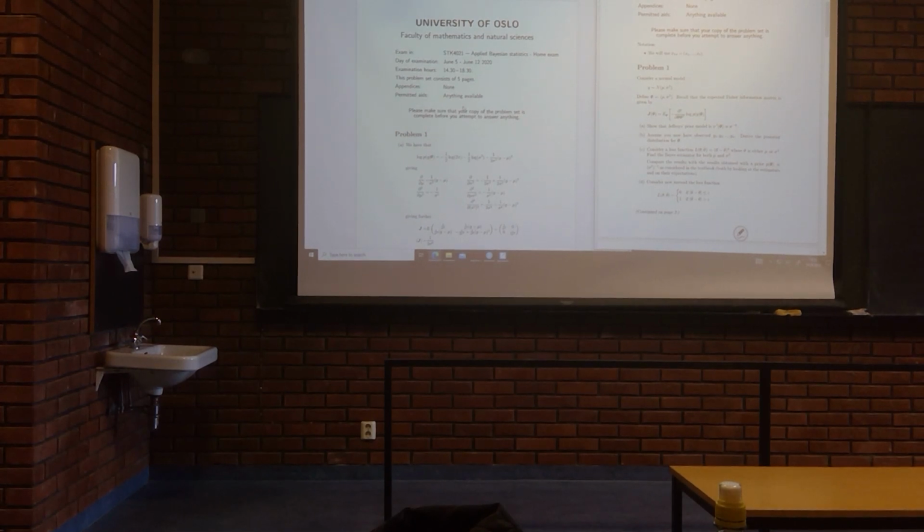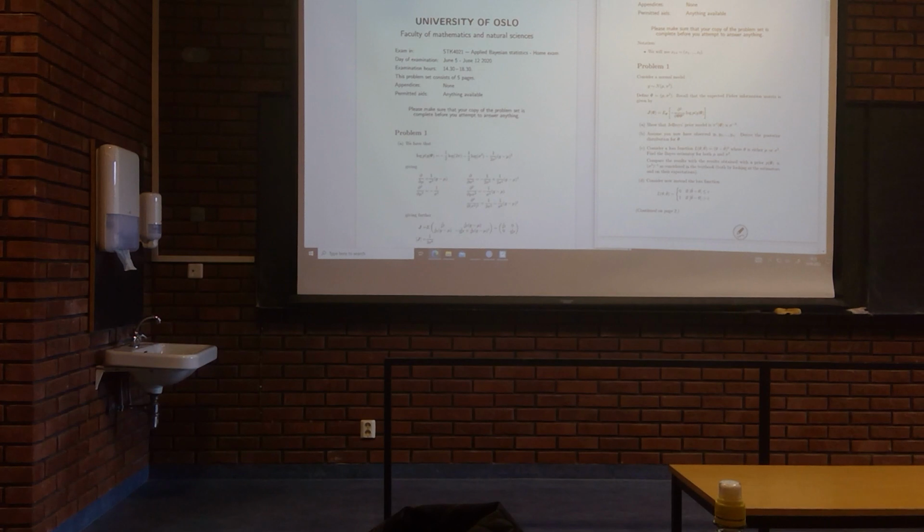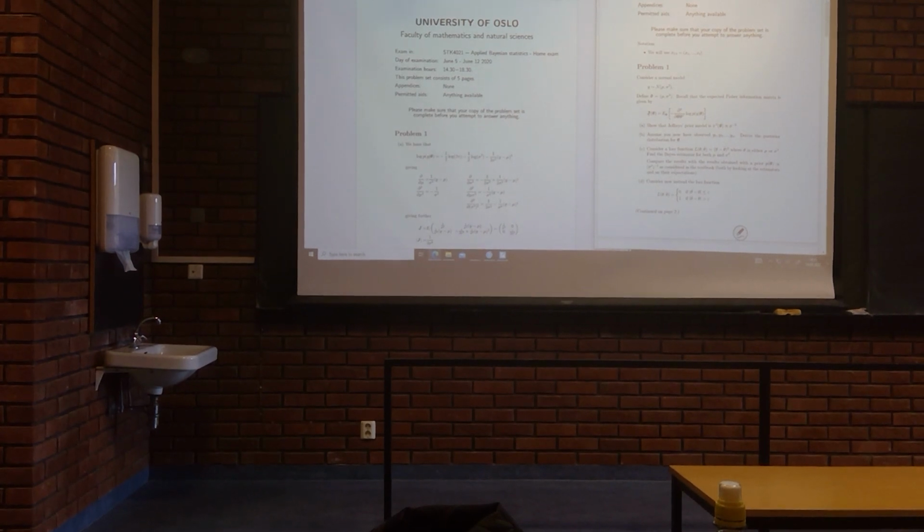The Jeffreys prior is given by the expected Fisher information matrix, or the determinant of that, to the power of a half.